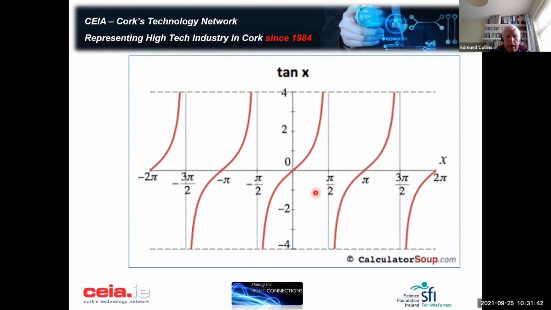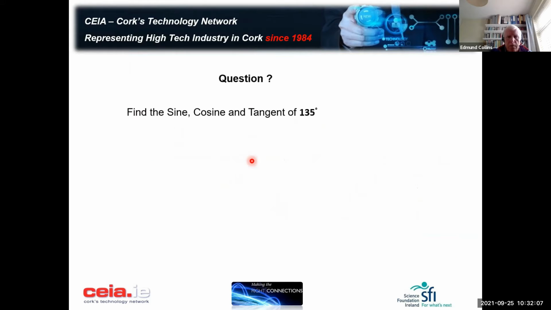But again, this is repeating: the tan of 0 is 0, and tan of pi is 0, and so on. So again, the period here can be seen, and how it repeats. So it's a good way of viewing sine, cosine, and tan, but the tan is obviously a very different graph to the sine and cosine.